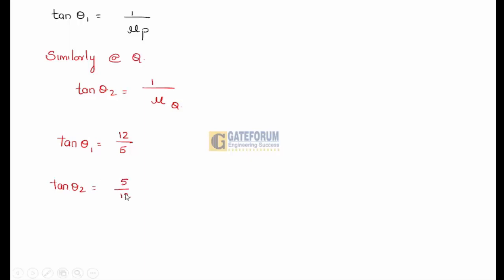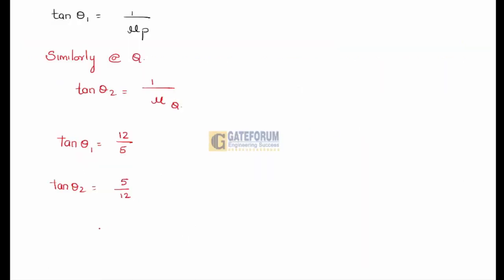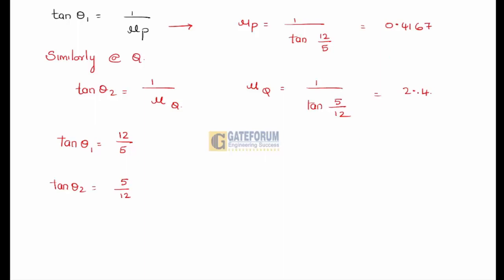Am I right or wrong? From this point only I am writing it. So tan theta 1 and tan theta 2 we know. Substitute here. Mu P is equal to 1 by tan theta 1, which is 12 by 5. Mu Q is 1 by tan theta 2, which is 5 by 12. Right? 1 by tan 12 by 5 is 0.4167 and 1 by tan 5 by 12 is 2.4.